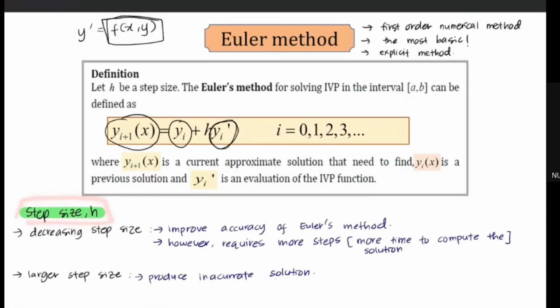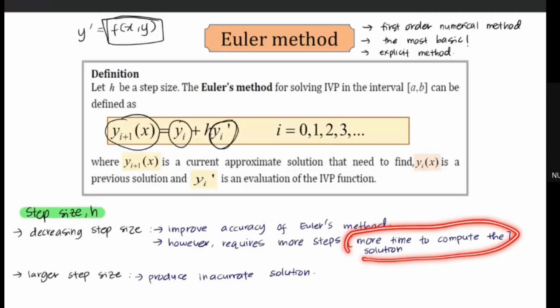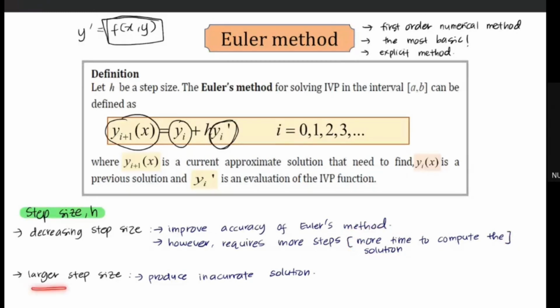For Euler method, the step size is important. If you decrease the step size h, you will improve the accuracy of the method. However, it requires more steps and more time to compute the solution. Later you will see the example. If you use larger step size, it will produce inaccurate solution.